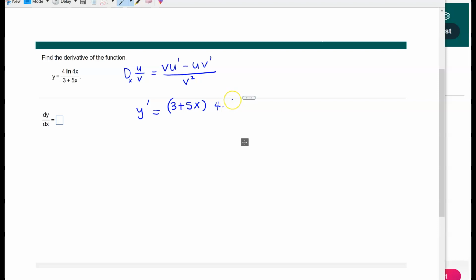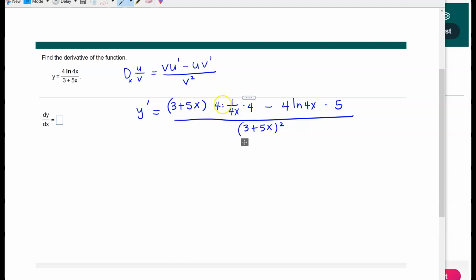The derivative of ln 4x will be 1 over u, so 1 over 4x, times the derivative of 4x, which is 4. And then minus your u, so you copy the numerator, 4 ln 4x, times the derivative of the denominator, which is just equal to 5, all over low squared, 3 plus 5x squared.